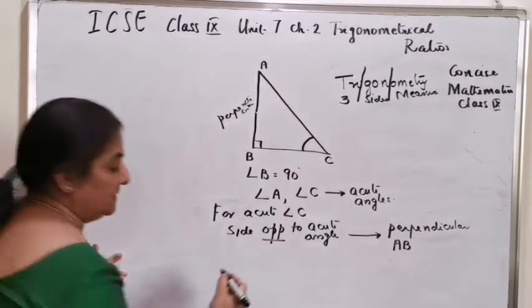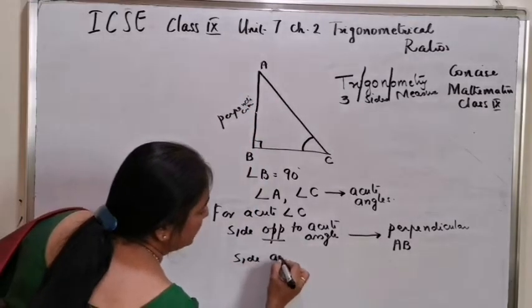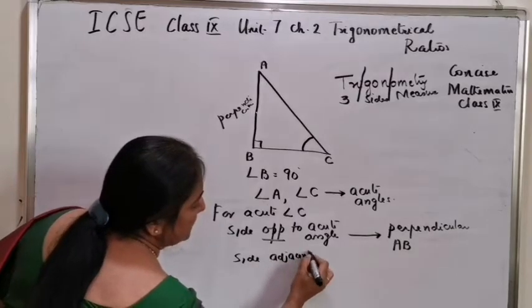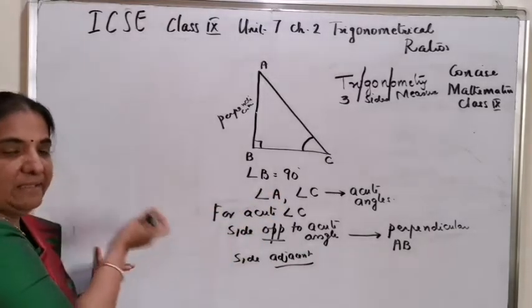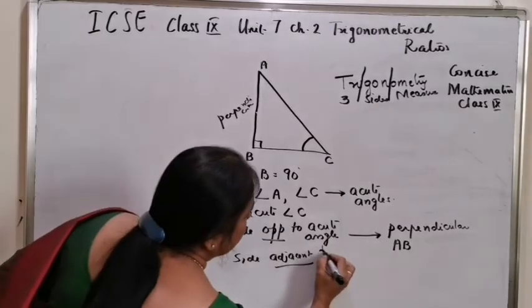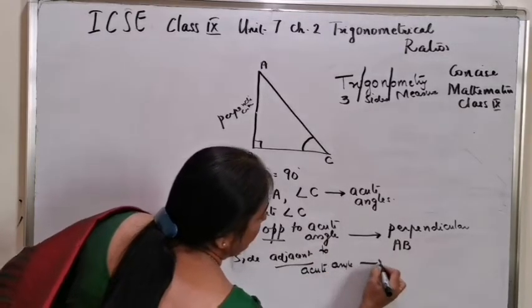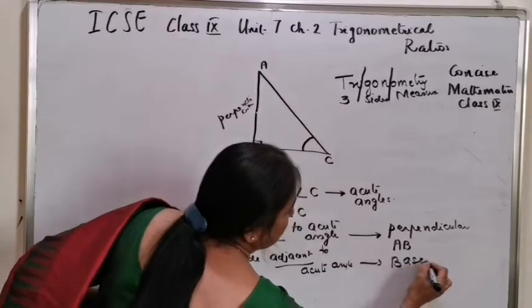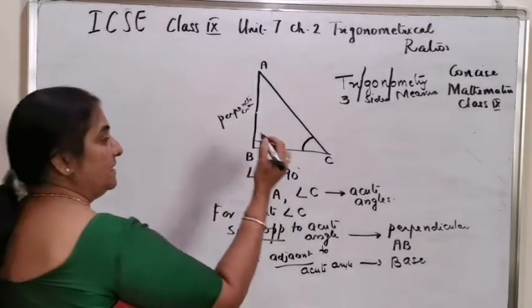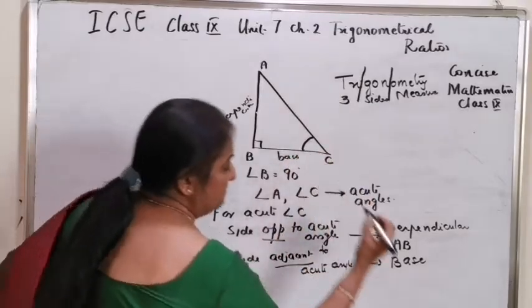And the side adjacent to it. Adjacent means it is a close by side. The side adjacent to an acute angle is named as the base. Which is the base here? BC is the base.